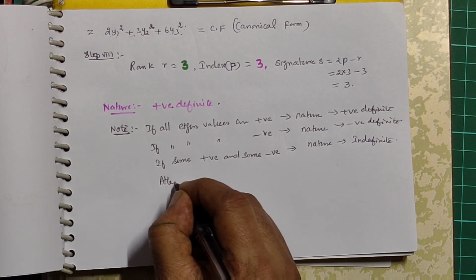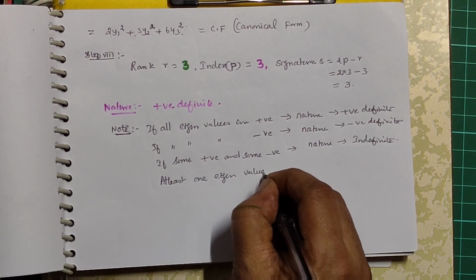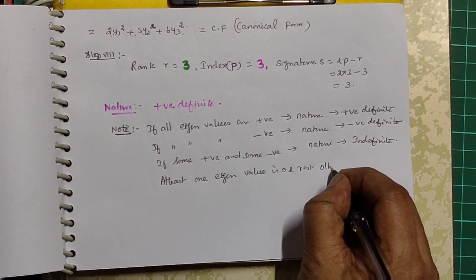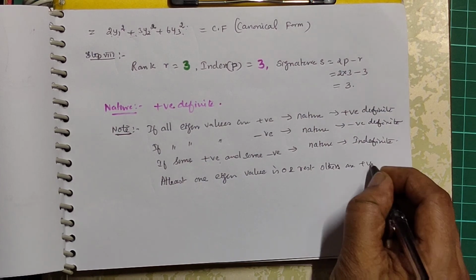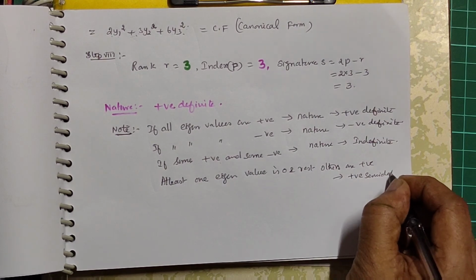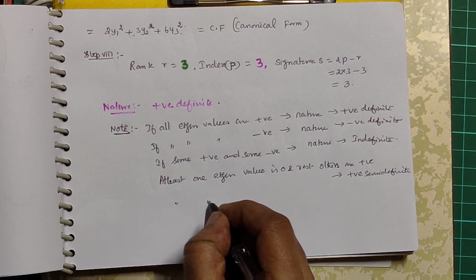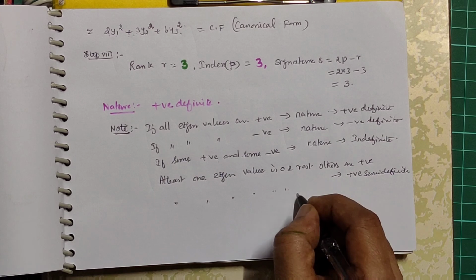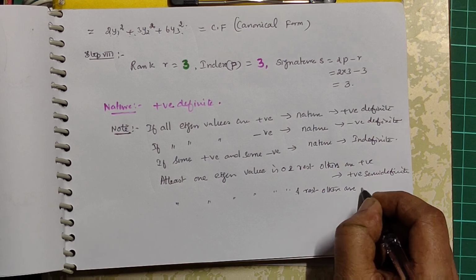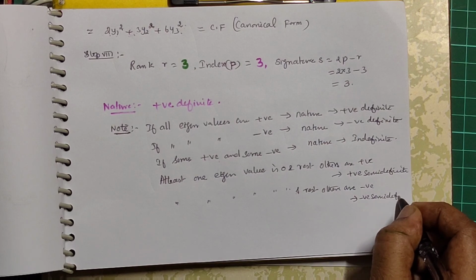If at least one eigenvalue is zero and the rest are positive, then the nature is called positive semi-definite. In the next case, at least one eigenvalue is 0 and the rest are negative. Then we call it negative semi-definite.